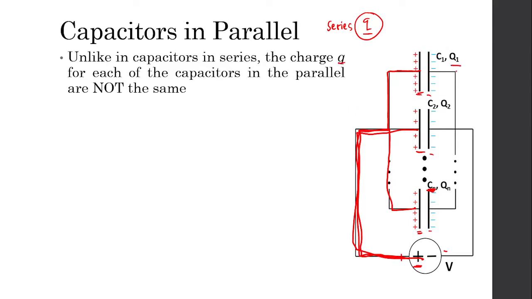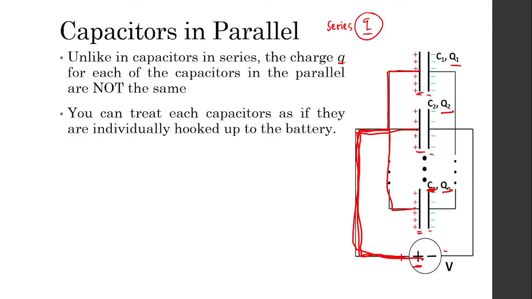They have their own values of Q. Another thing, you can treat each capacitor as if it is individually hooked up to the battery, which is very different from series.